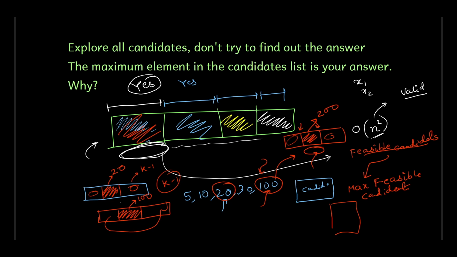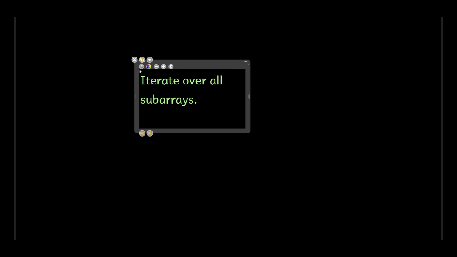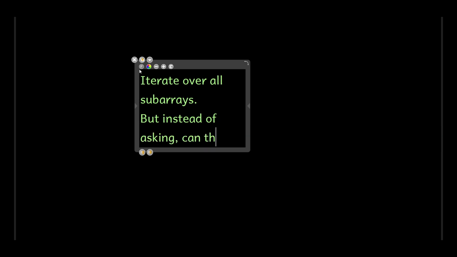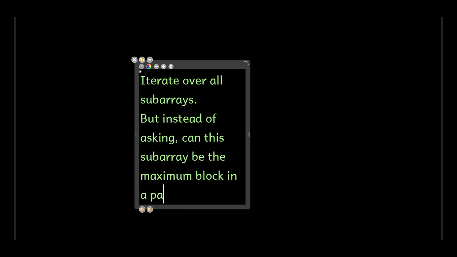So now the algorithm for the contribution technique, this time you'll realize that we are still iterating over all subarrays. So you do something like this. You iterate over all subarrays, but instead of asking, can this subarray be the maximum block in a partition, in a k partition?